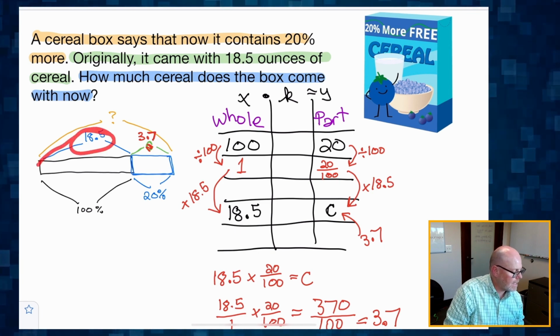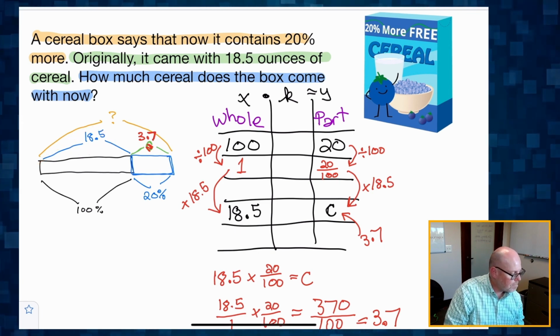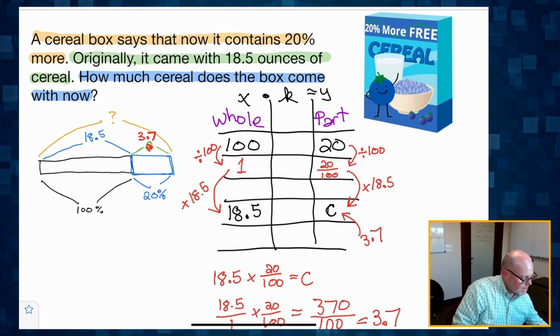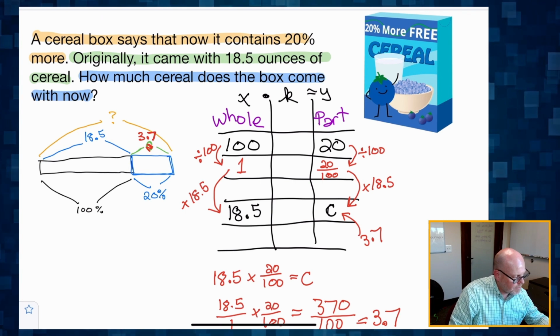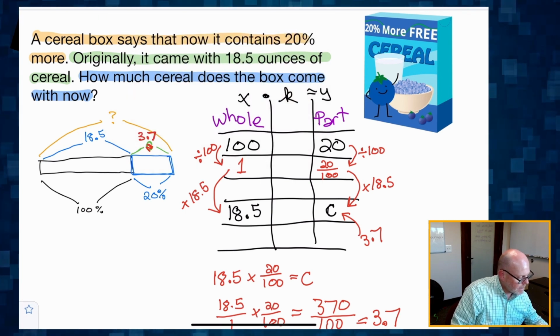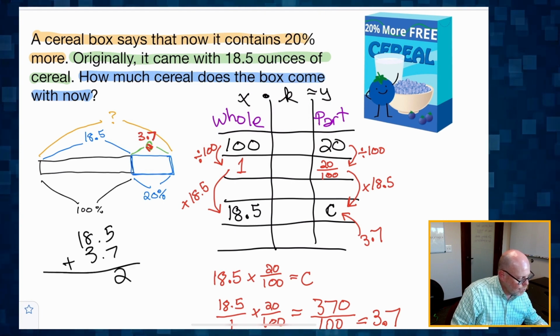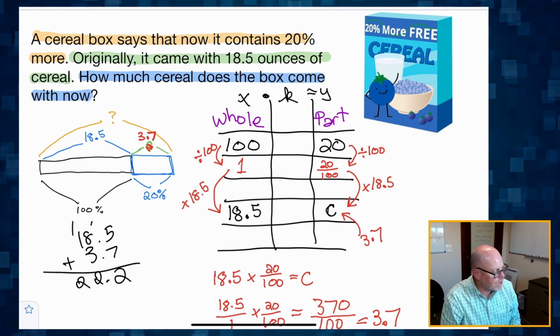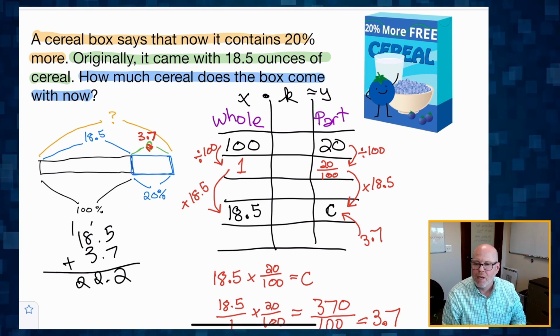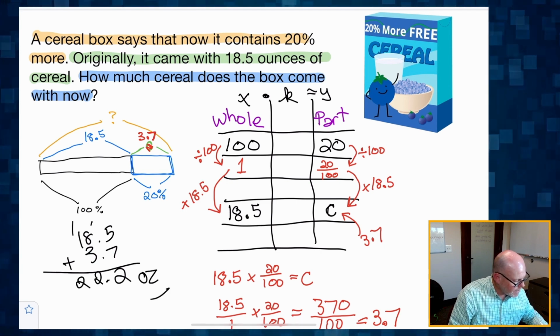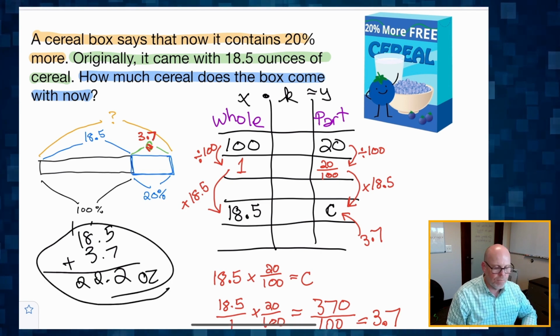So that's going to be 18.5 plus 3.7. Let's do it in black. 18.5 plus 3.7 is going to give me 2, carry the 1, 2, 1, 22.2 ounces. That's the new answer, the actual final answer, 22.2 ounces.